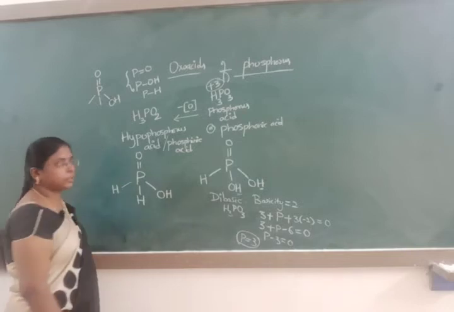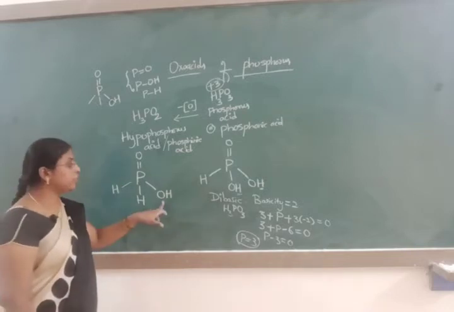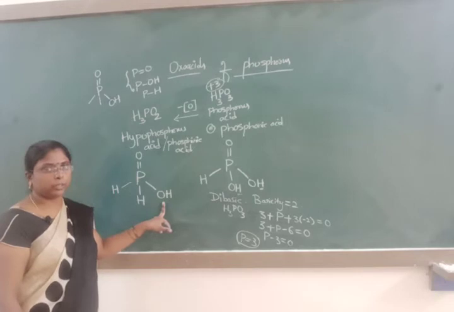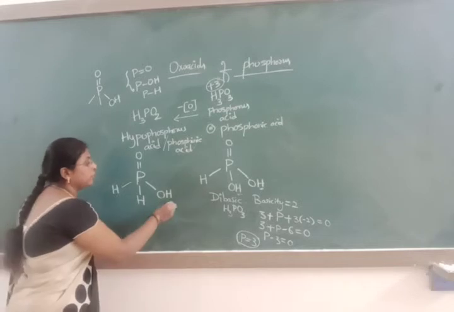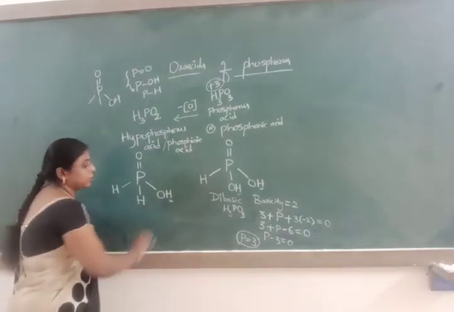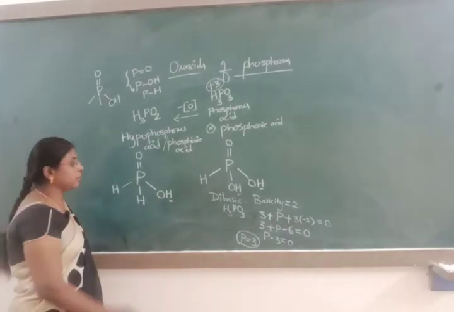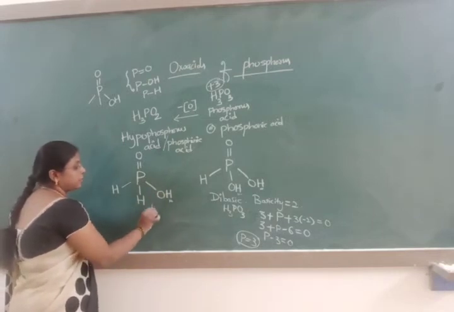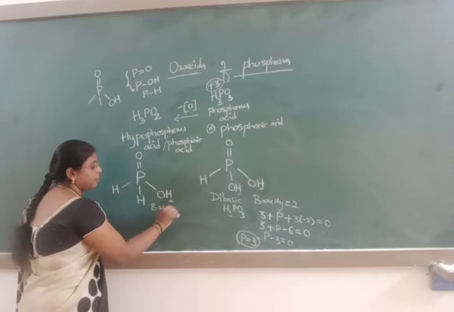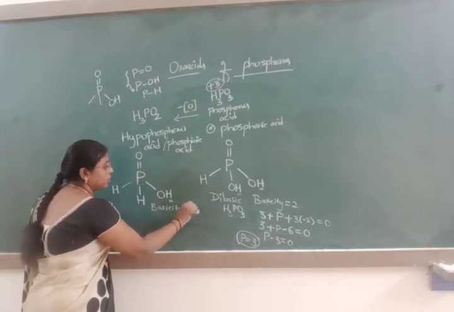This is the structure. It is monobasic with 1 OH group. Why is its basicity 1? We can replace only 1 hydrogen atom. The number of replaceable hydrogen atoms is known as its basicity, so basicity is equal to 1.